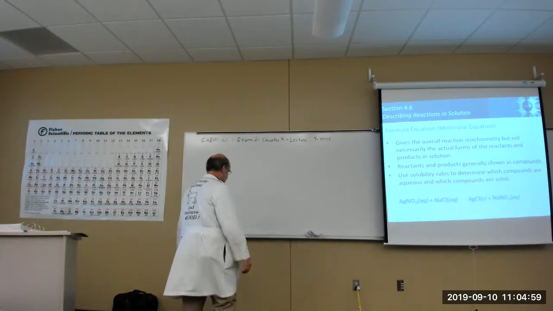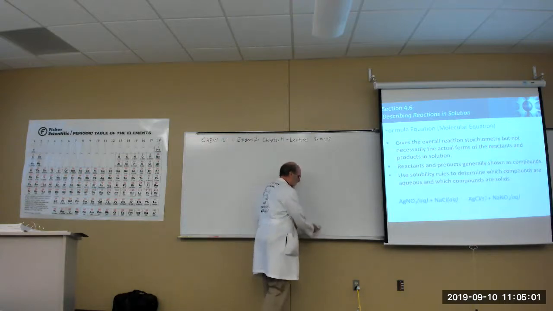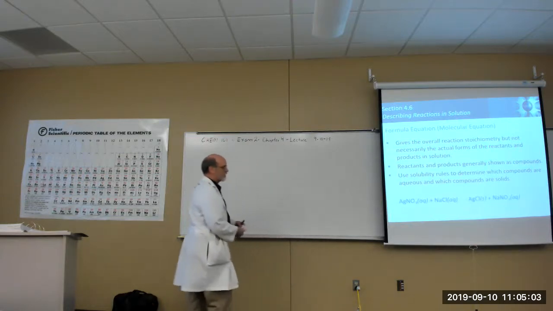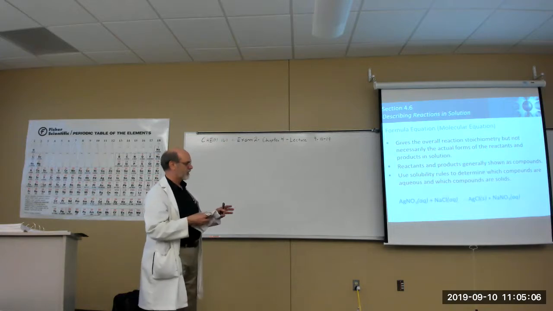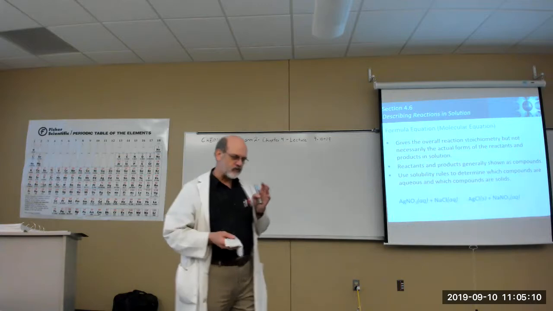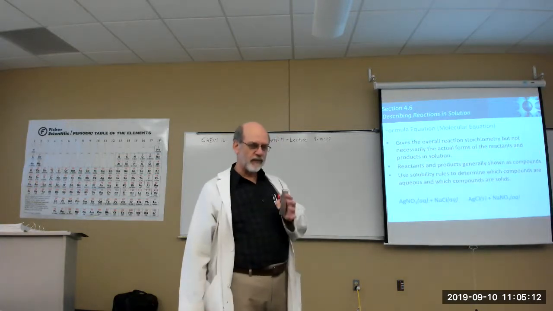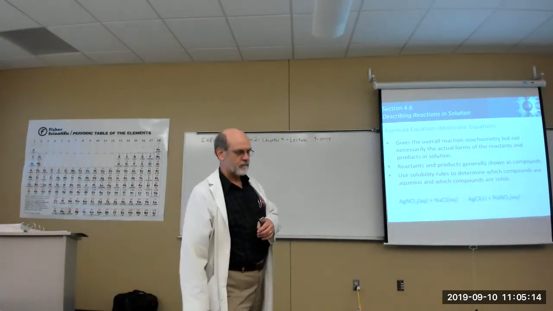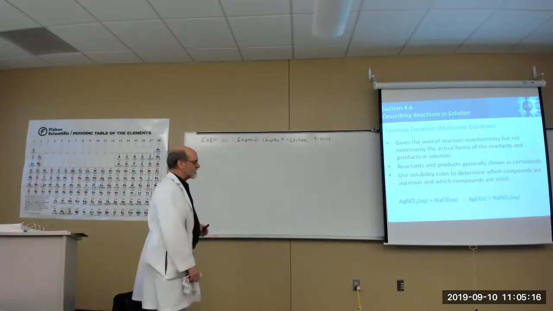Okay, when we write a chemical formula and an equation using those chemicals, they can come in 3 different forms if we're describing a double replacement reaction. This is one example.